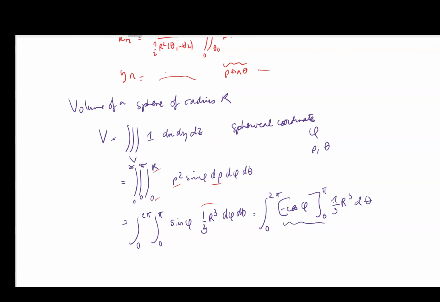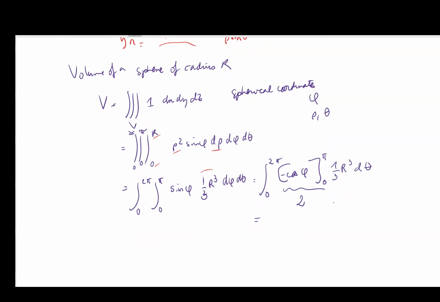So my minus cos phi at pi is minus minus 1, so plus 1. Minus the value at 0, minus minus 1, so plus 1 also. So that's 2. And finally I've got the integration of theta from 0 to 2 pi, but nothing depends on theta, so it's just going to be 2 pi. So 2 pi times 2 times r cubed over 3, and you find again the formula that maybe you had forgotten for the volume of a sphere.